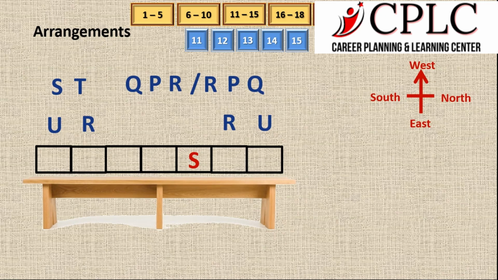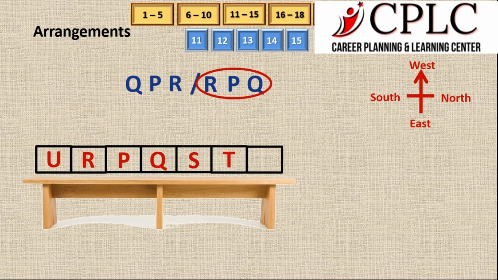So that is where S is. Now let's start combining everything as one diagram. So beside S on the right, immediate right T will be, then U and R will be at the left corner. And then out of QPR and RPQ, only RPQ is possible. And the last position is occupied by the 7th member, that is V. Super easy.